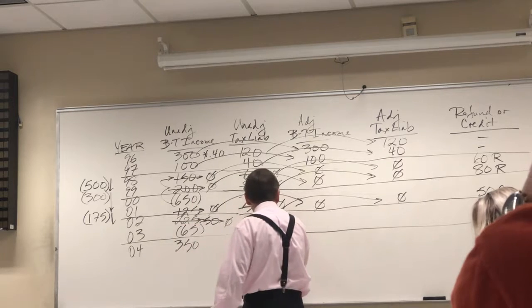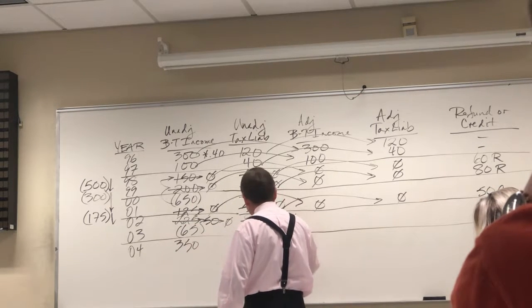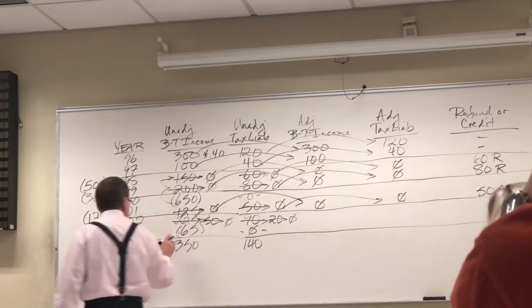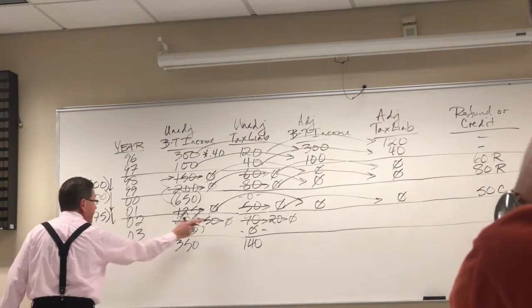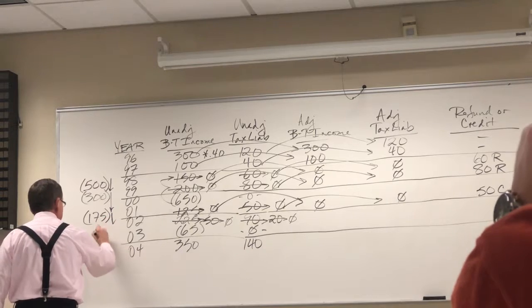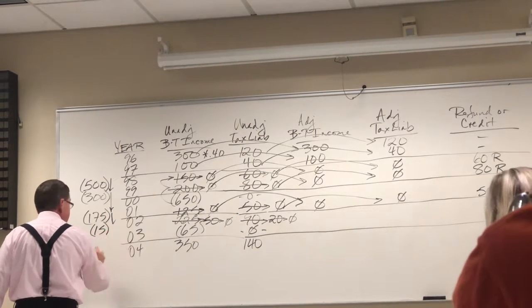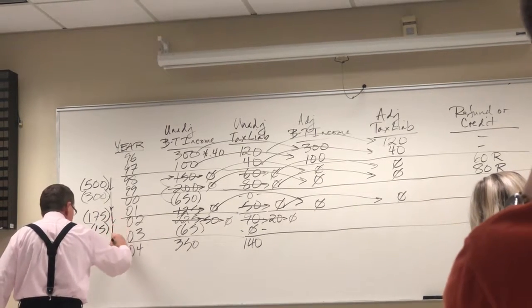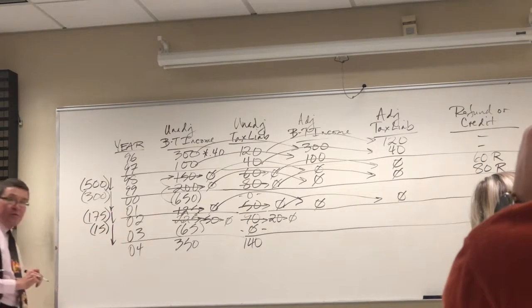The tax on 0 would be 0. And I've got this 65, and I just used 50, so that leaves 15 to carry down to 2004.